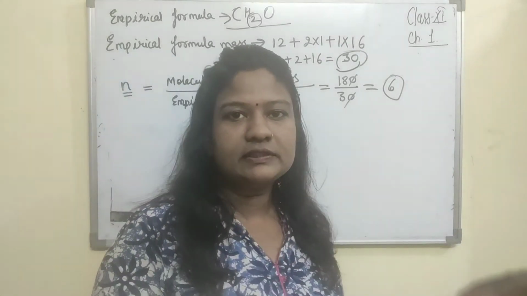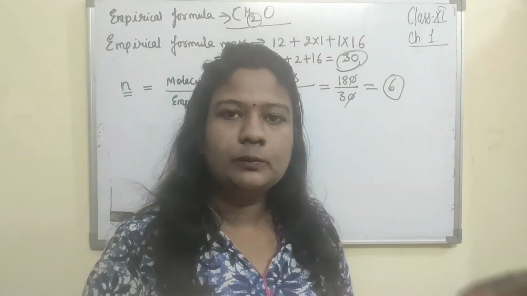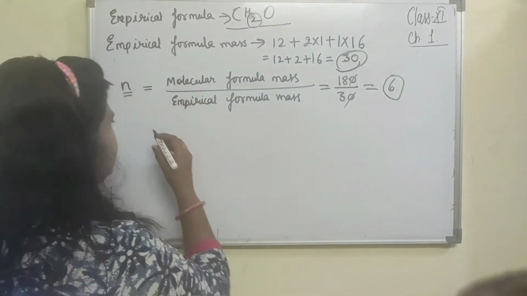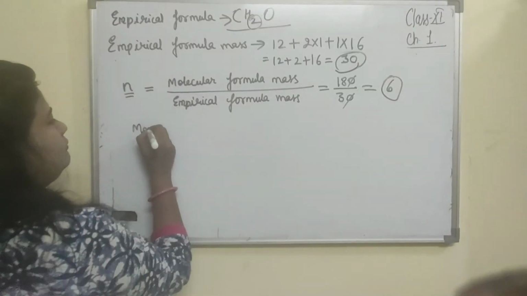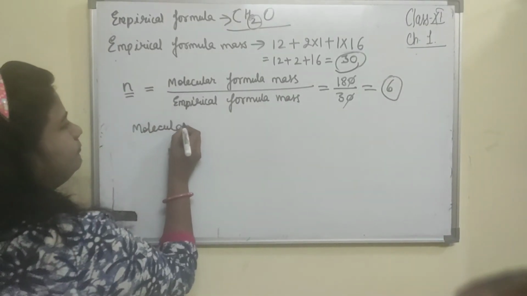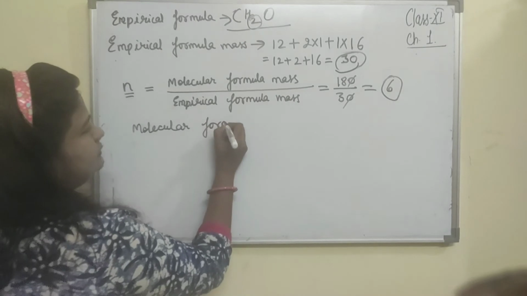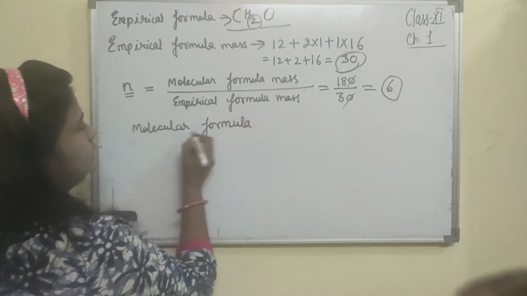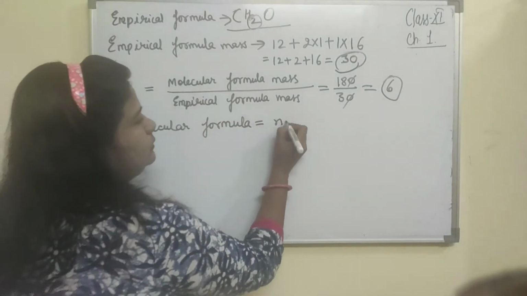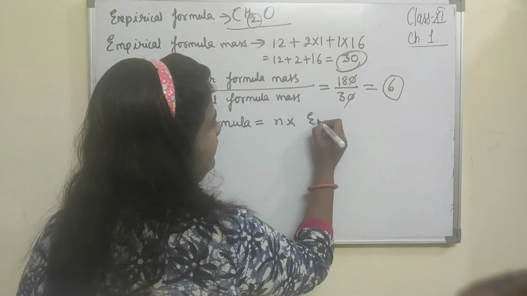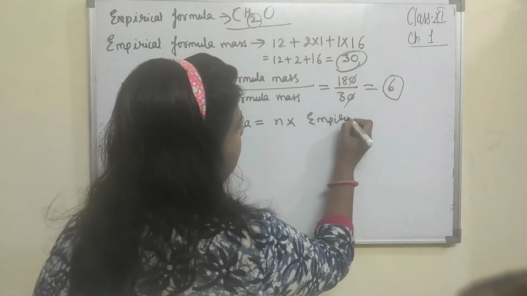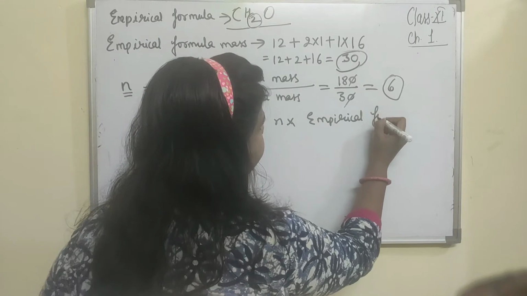Now the last, fifth step is to calculate the molecular formula, which was asked in the question, using the formula: molecular formula is equal to N into empirical formula.